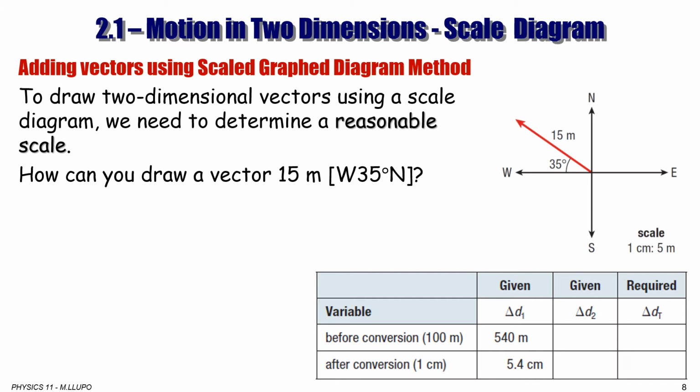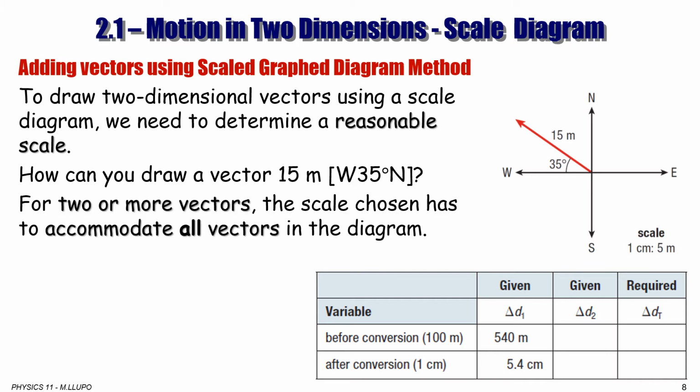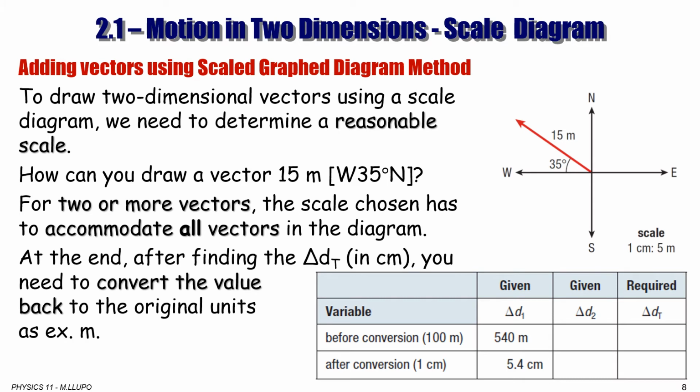So that scale has to be the same for the set of vectors. That's what I said: the scale chosen has to accommodate all vectors in the diagram, exactly the same, to show proportionality, which vector has a bigger magnitude than the other.